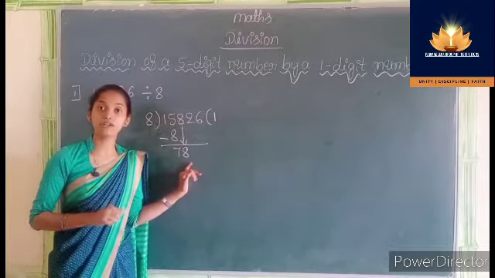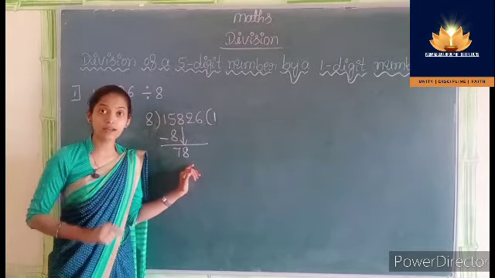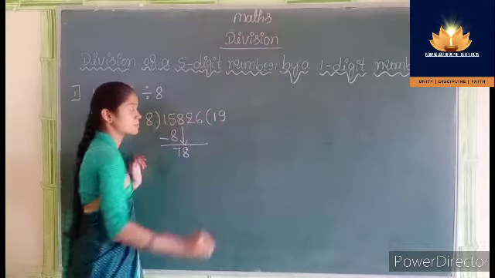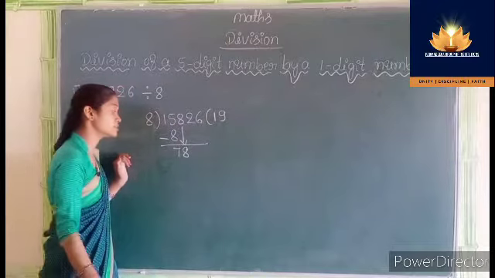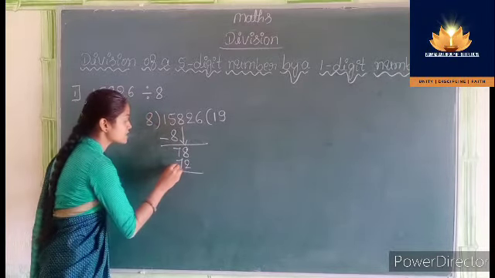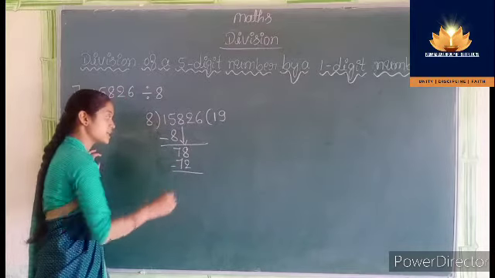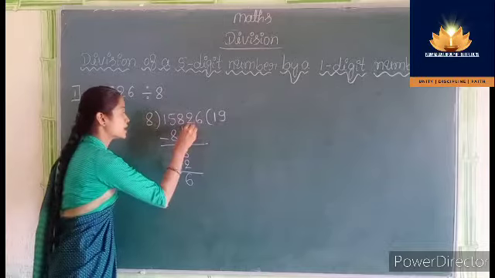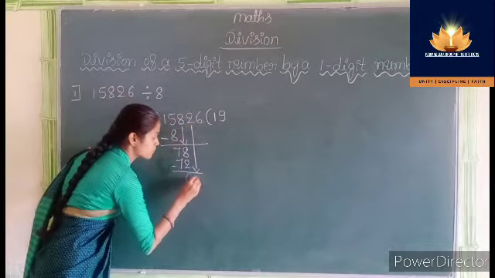That's why we have to consider 8 9s are 72. 9 should be written in the quotient place. Then write 72 below this 78. Subtract 72 from this 78. Then we will get 6. Then bring down this 2.